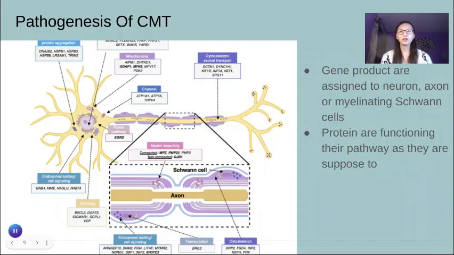When looking at the pathogenesis of CMT, here is a diagram of the axon and the proteins where they go. Gene products are assigned to neurons, axons, or myelinating Schwann cells. Proteins are functioning in their pathway as they are supposed to.